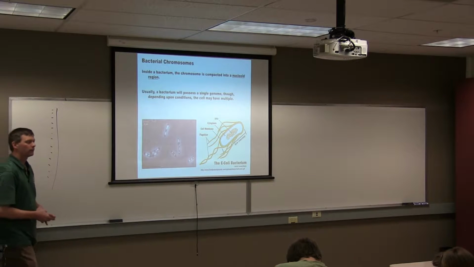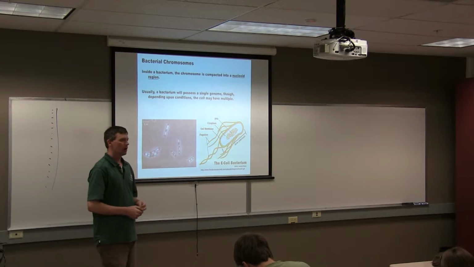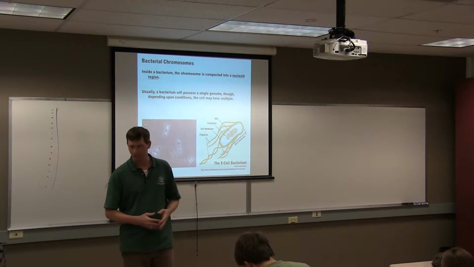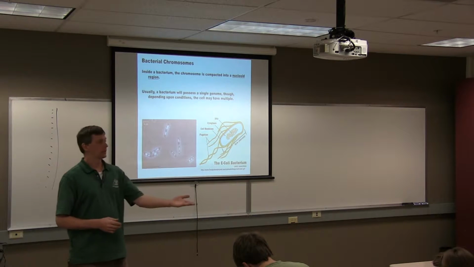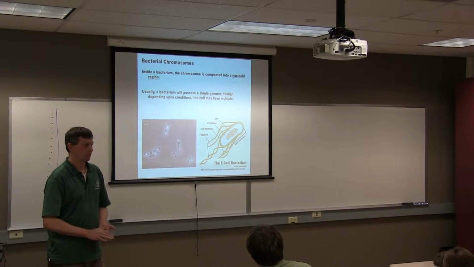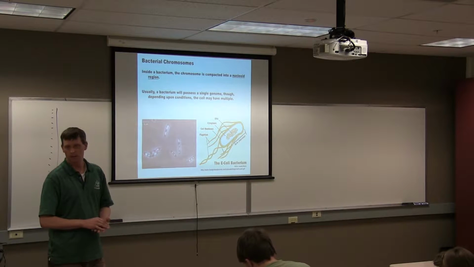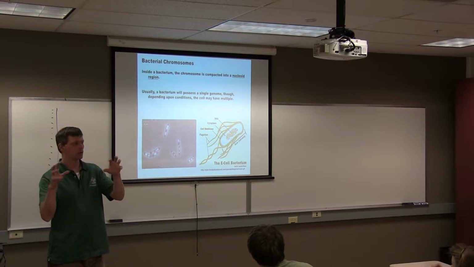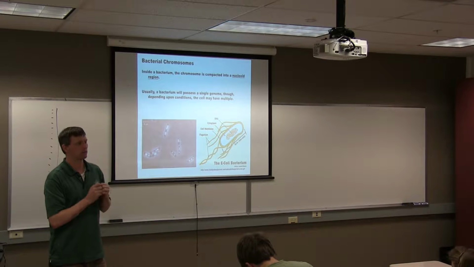In bacteria, they package their DNA in what we call a nucleoid region. So when I was in your shoes, we were not aware of this. People were starting to propose it, suggesting that bacteria took their genome and put it in a specific spot in the cell.